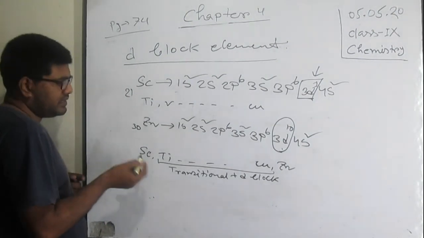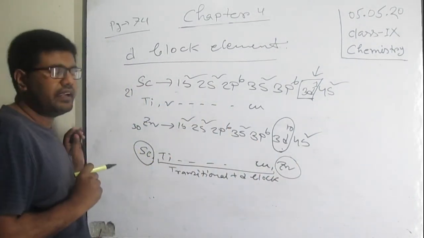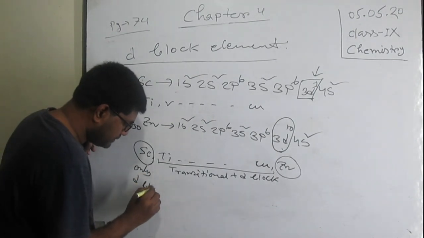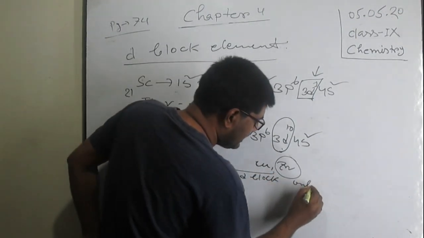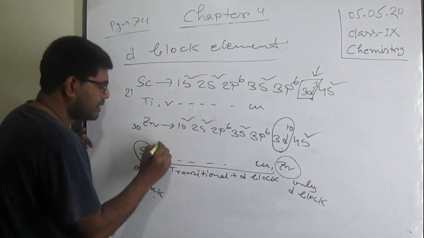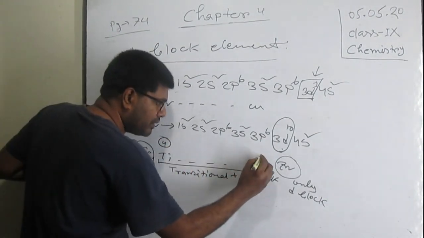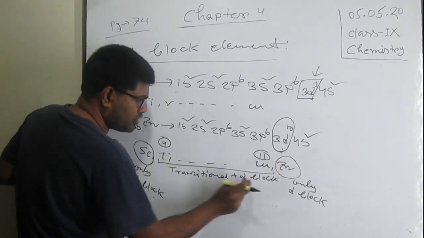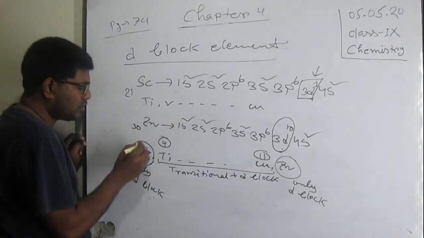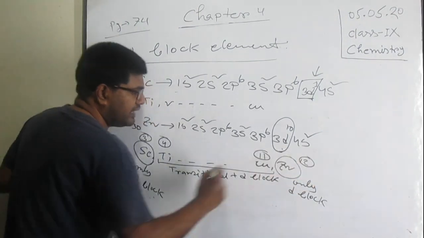But this scandium and this zinc are only d block. So the elements of group number 4 to group number 11 are transitional elements plus d block elements. The elements of group number 3 and group number 12 are only d block.